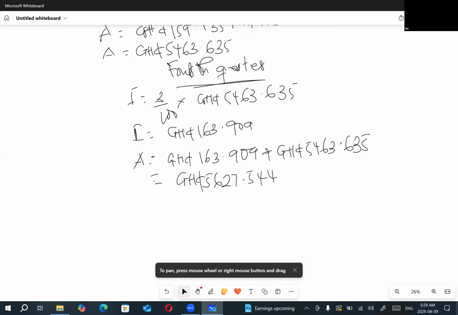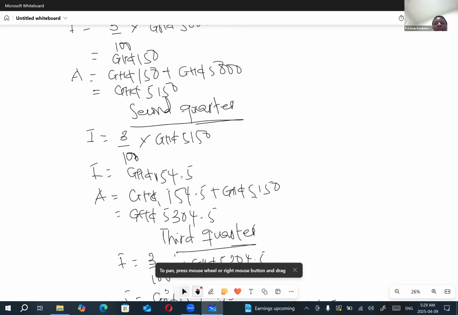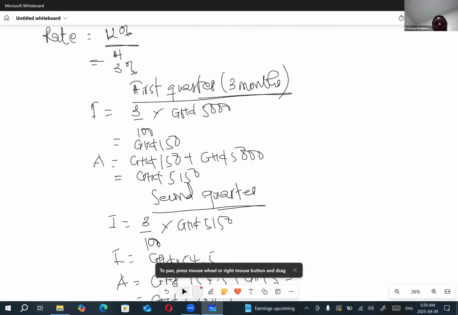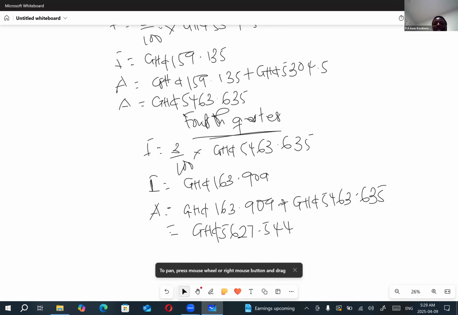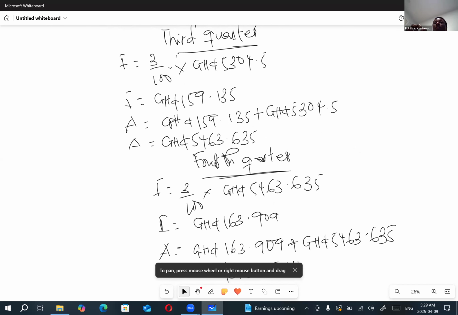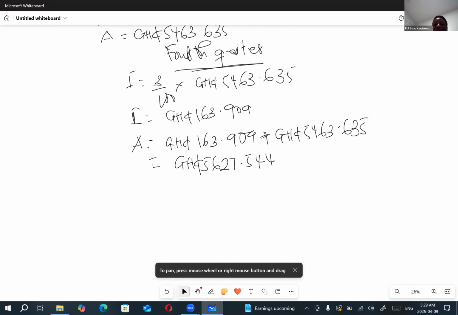Guys, first quarter, second quarter, third quarter, fourth quarter: 4 times 3 months makes a year. So this is just 1 year. And remember, the girl is saving with the bank for 2 years. So how many more steps do we have to go?